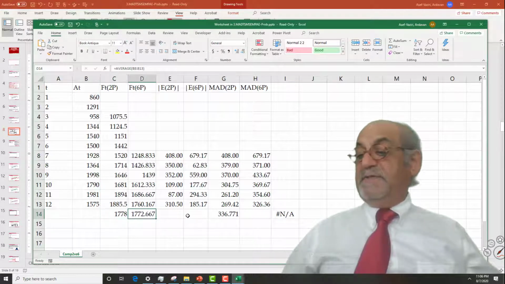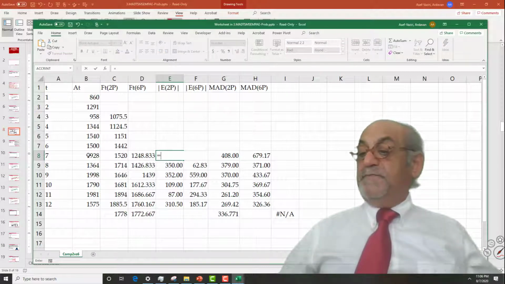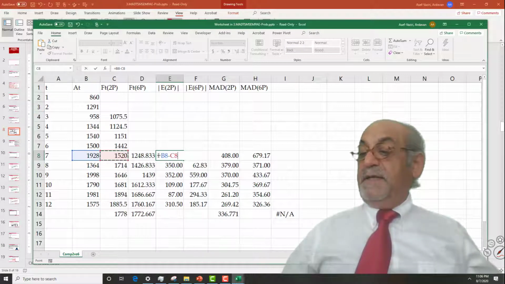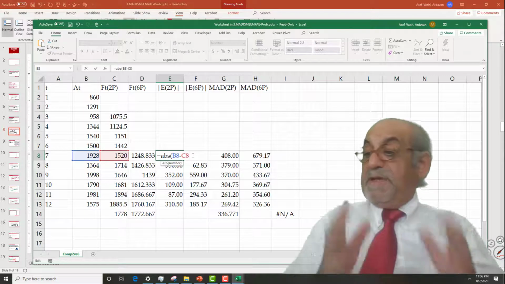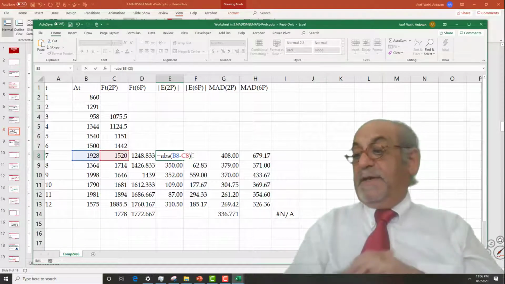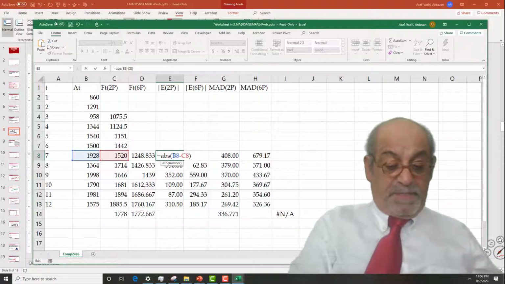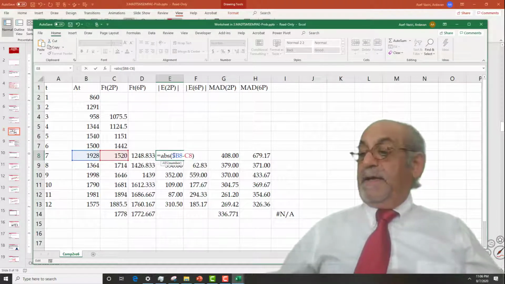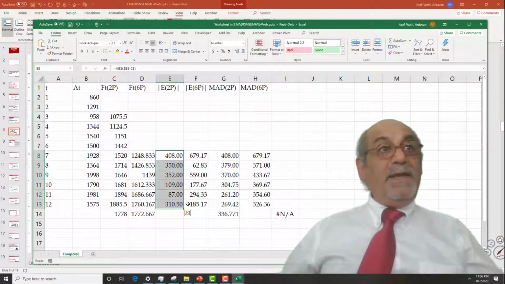1778, 1773. Then absolute deviation is equal to this one minus this one. But I'm going to do one other thing. I want to lock B. So I put a $ sign in front of B. B is locked. And I copy it down. Why did I do it?